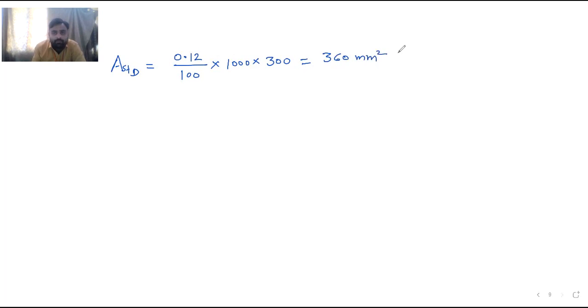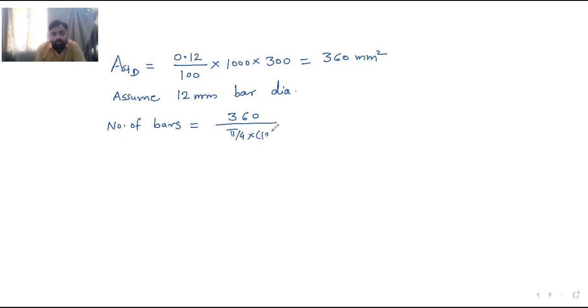360 mm square. Okay, so again, as you use 12 mm diameter bars, so assume 12 mm bar diameter, then calculate the number of bars. Number of bars is equal to 360 divided by 5 by 4 into 12 square.